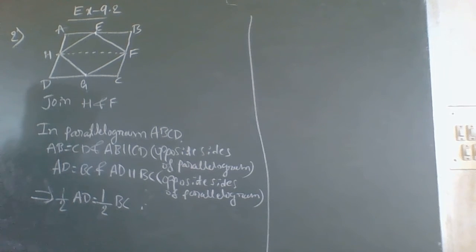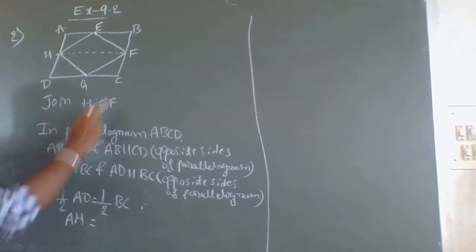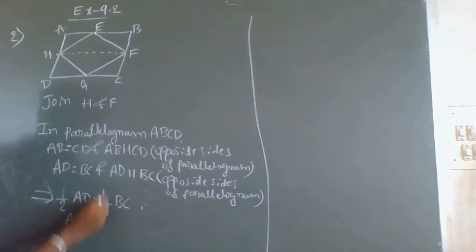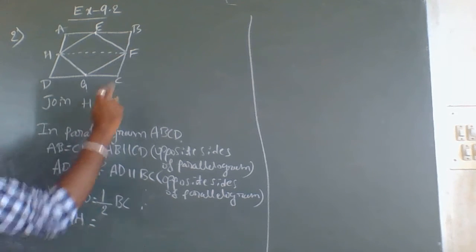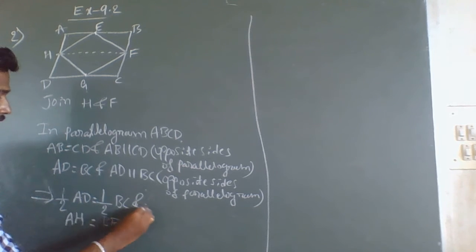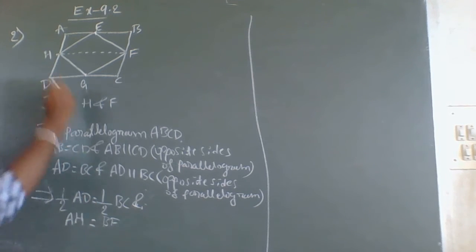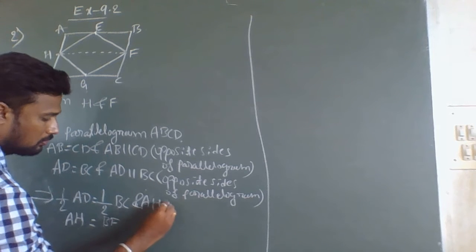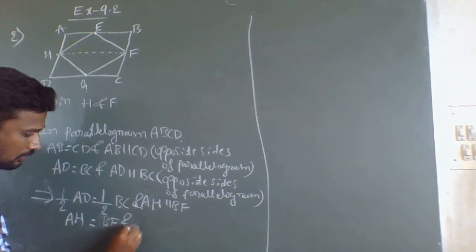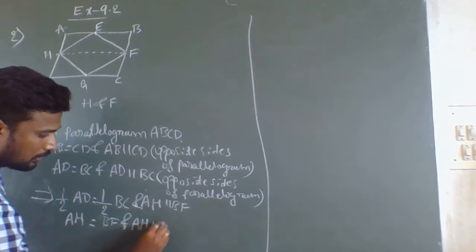Therefore, 1 by 2 AD is AH, equal to 1 by 2 BC, which I will write as BF, because F is the midpoint of BC. Here I will write AH is parallel to BF.